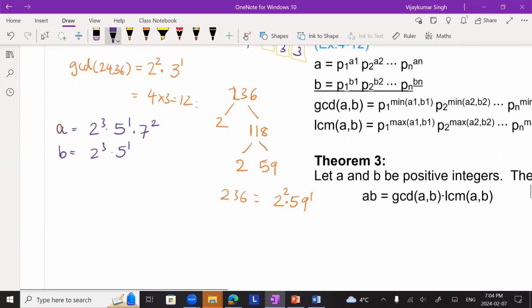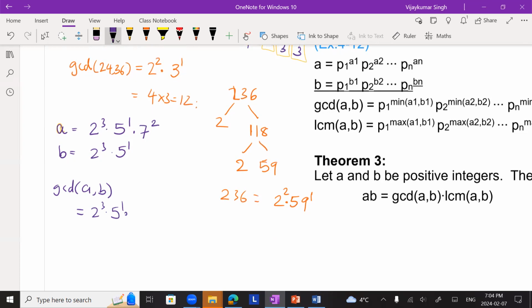Now, what is the GCD of A and B? Again, you look at the lowest power of 2 common to both of them, which is 2 to the power 3, and 5 to the power 1. And what about 7? There's no 7 in the other one, right?